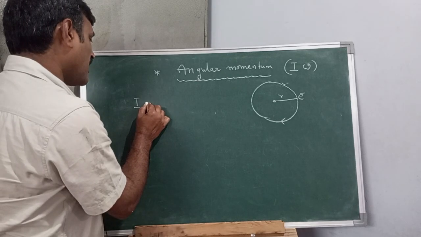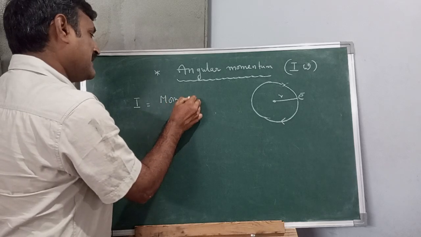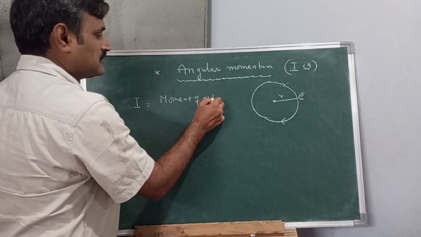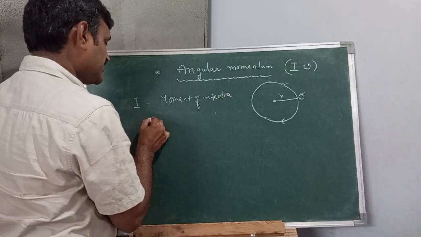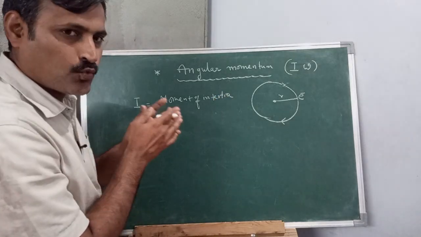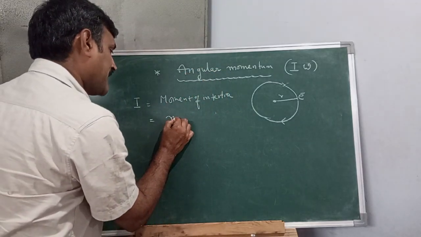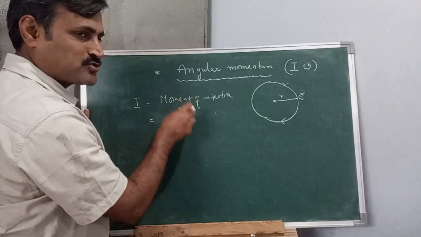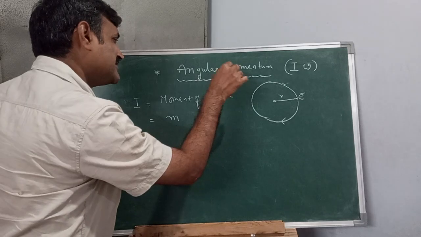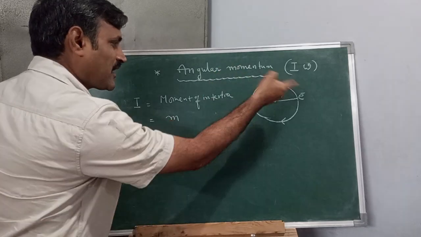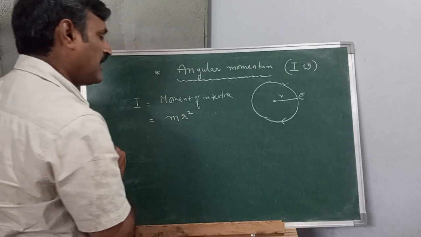Moment of inertia is m times the square of the radius of the orbit, that is, mass of the electron times r square.